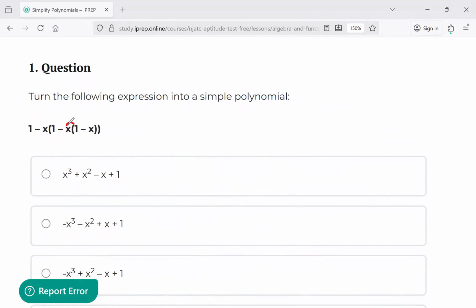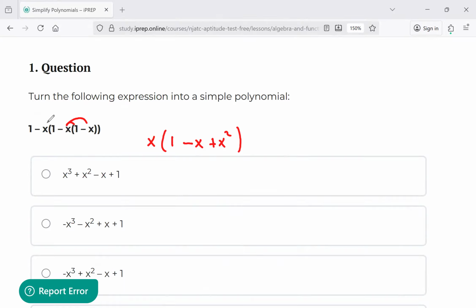So let's FOIL this negative x. That would be negative x. Negative times a negative is a positive x squared. And then you have this extra 1. Oh, I see. Then you FOIL out this x. That's tricky.